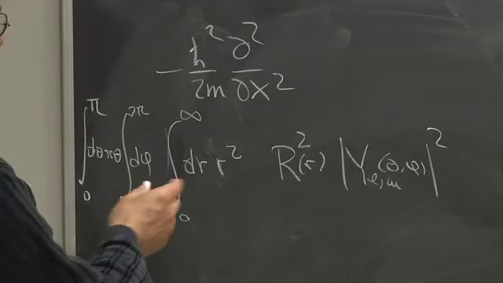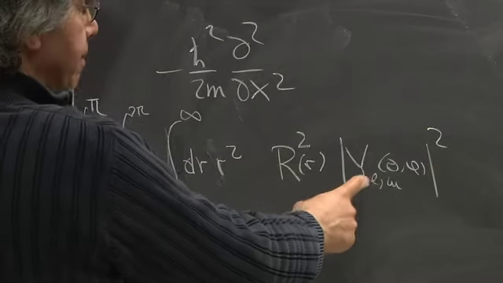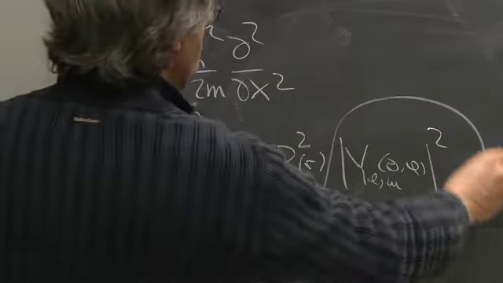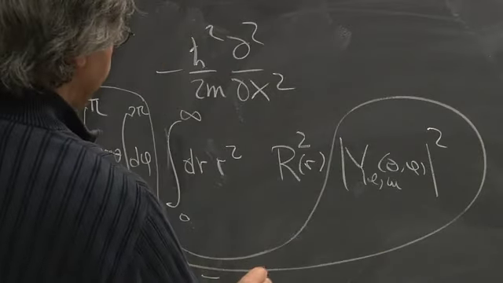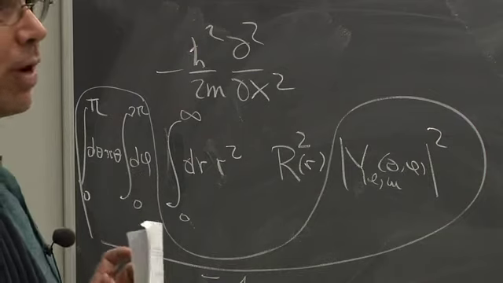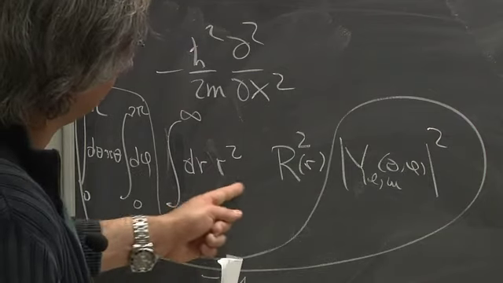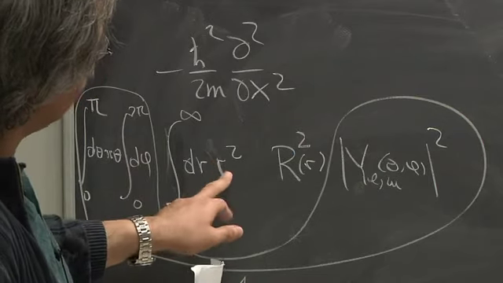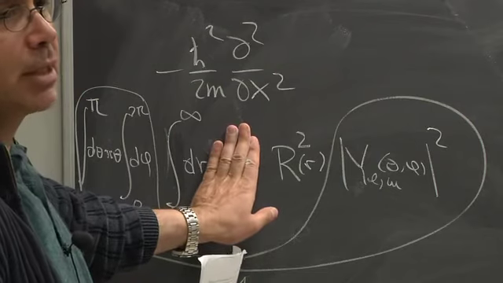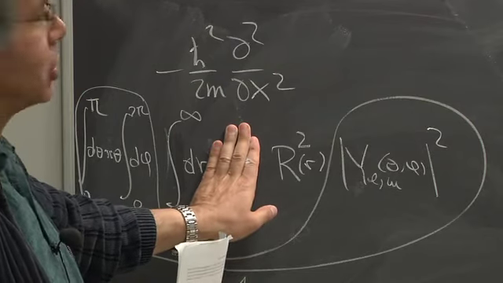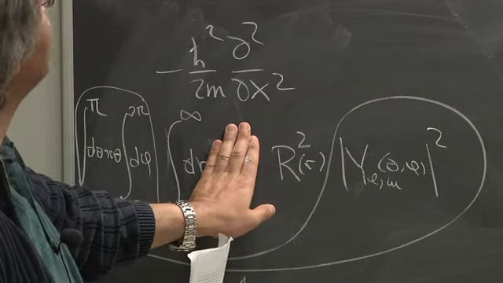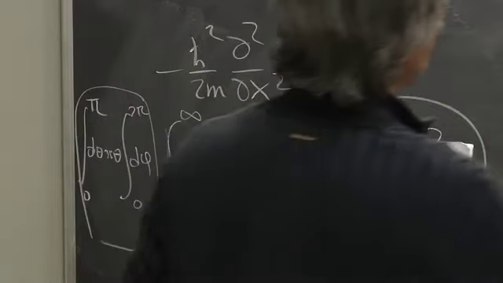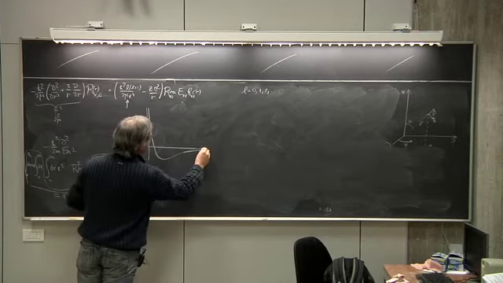Now, by definition, the spherical harmonics are normalized in such a way that this angular integral is just 1. So, to normalize the wave function, I have to require that this radial integral is also 1. So you see, once again, a normalization that involves an r squared rather than just the wave function squared. These are the two crucial differences with a standard one-dimensional problem on the half line, because here I have r from 0 to infinity.